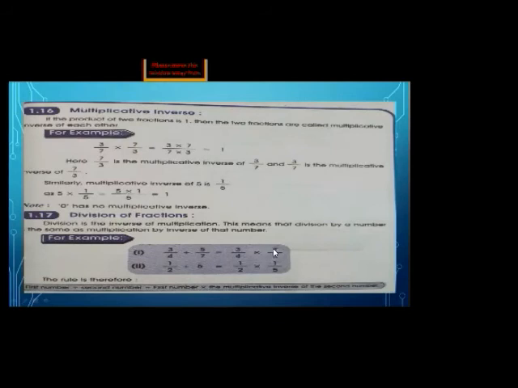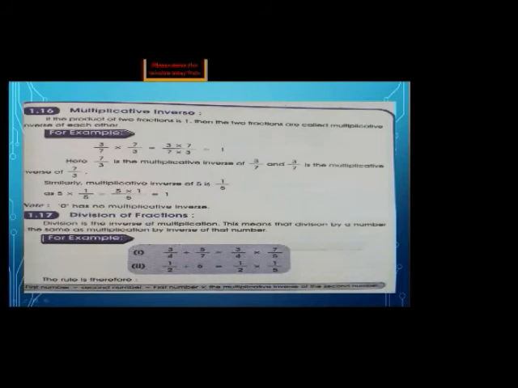Now it will be 7 upon 5. Second example, 1 upon 2 divided by 5 is equal to 1 upon 2, multiply, change the sign to multiply, and this fraction will be inverted.